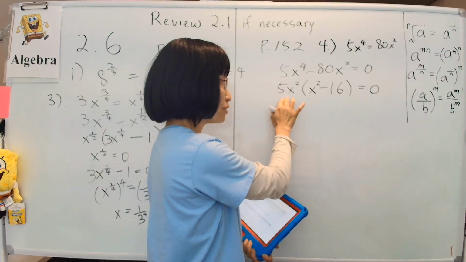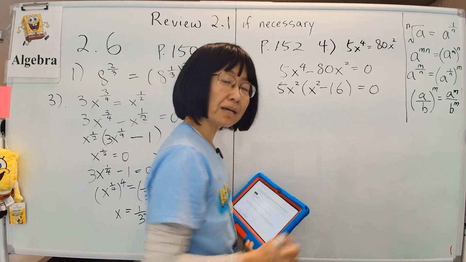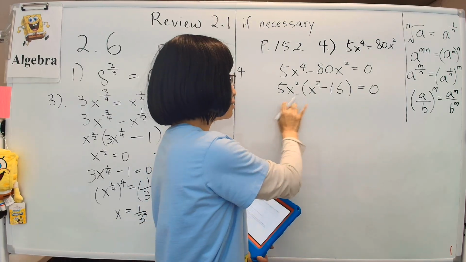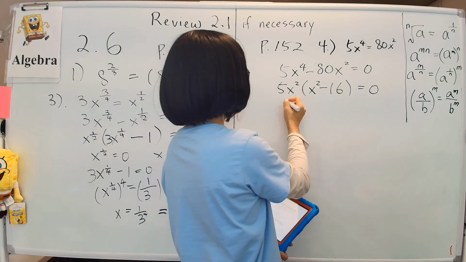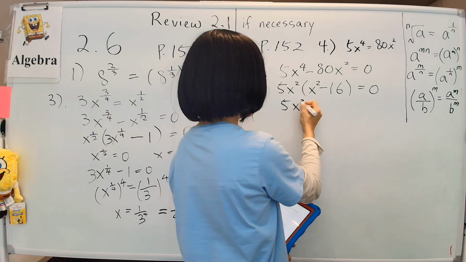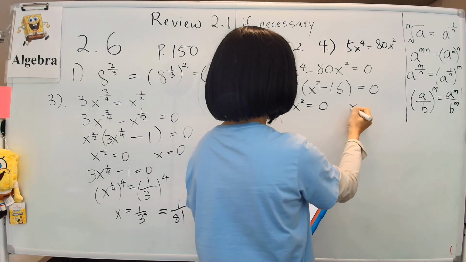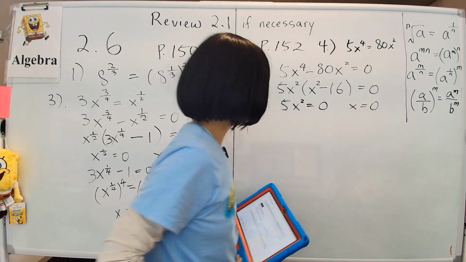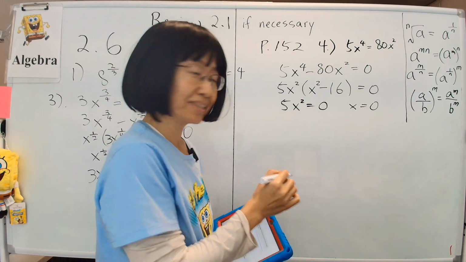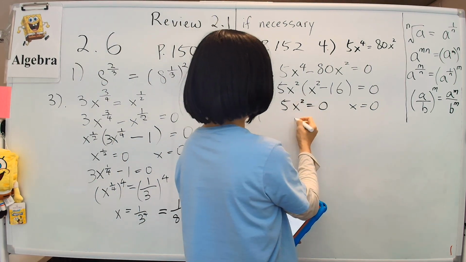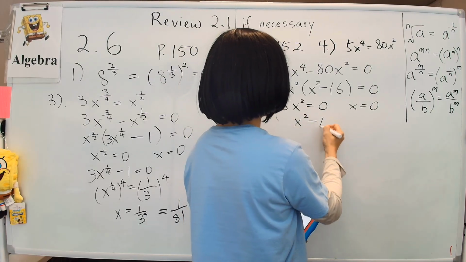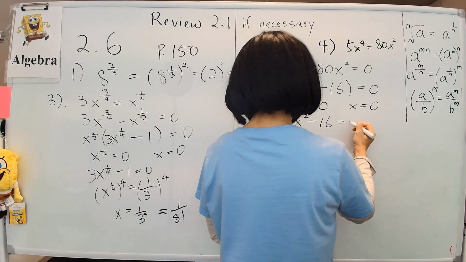So we have two things that multiply to be 0, and then one of them had better be 0. Our options are 5x squared equal to 0, and that's just x equal to 0. There's no other way that's going to happen. And then the second option is x squared minus 16 equal to 0.